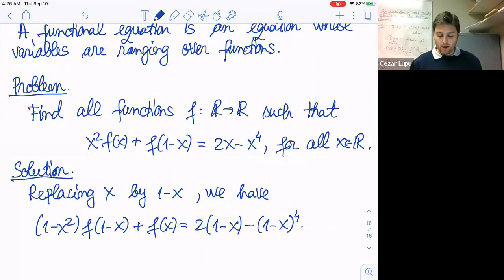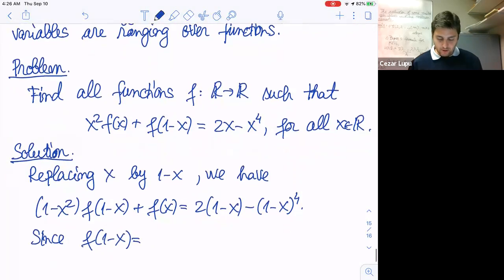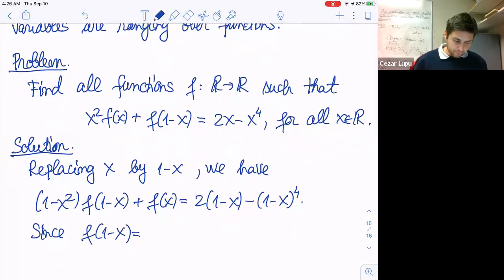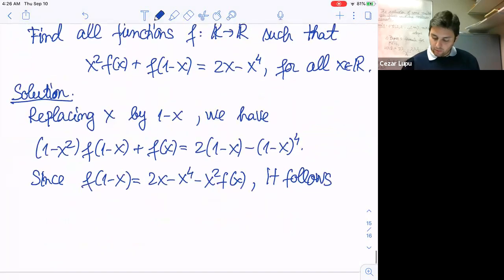Now I know who f of 1 minus x is, so I can just plug it in here. Since f of 1 minus x is nothing else than 2x minus x to the 4th minus x squared times f of x, we're going to replace this in the given equation.